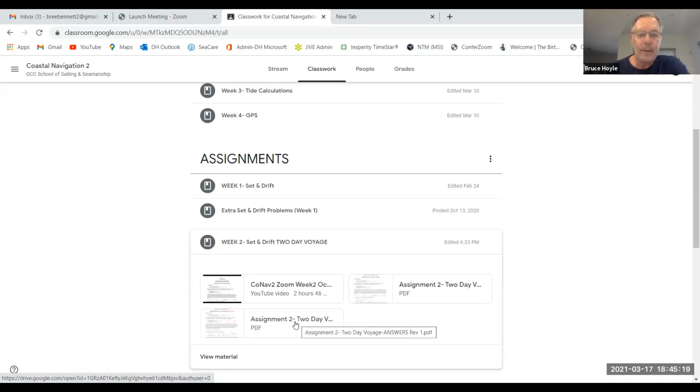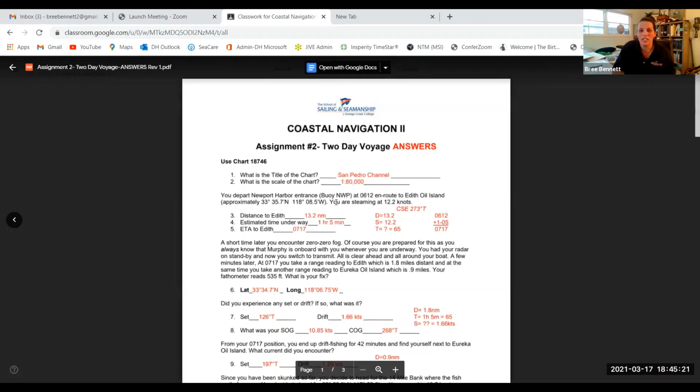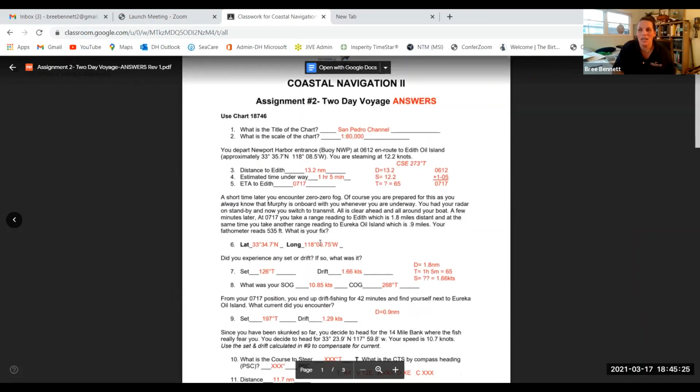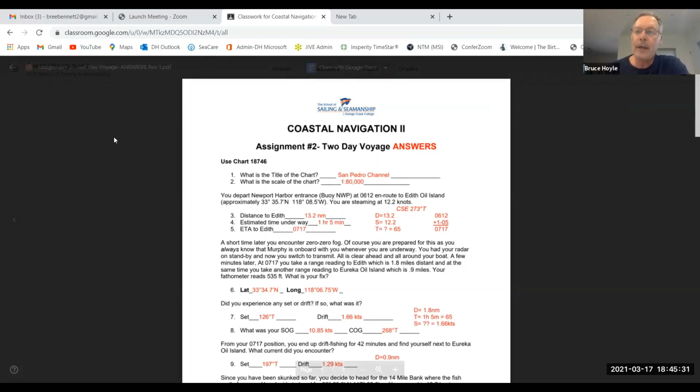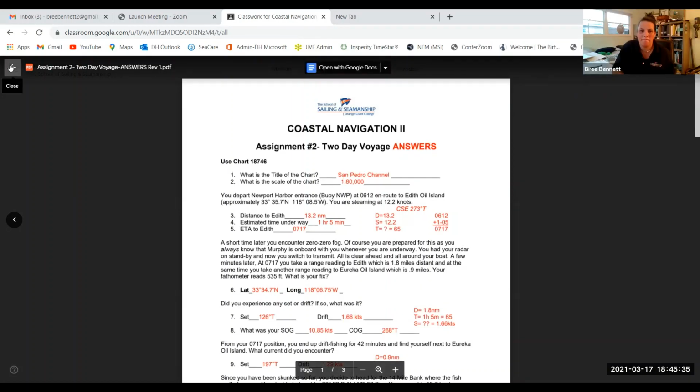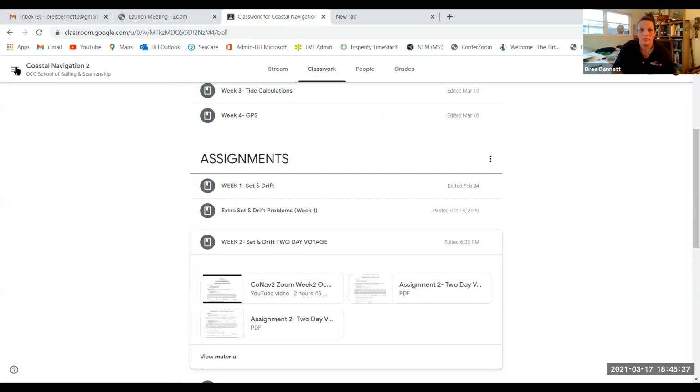Click on the ones with the answers if you're just printing it out now, because that has the most up-to-date edited version. It says revision 1 on it. Got it. Thank you.